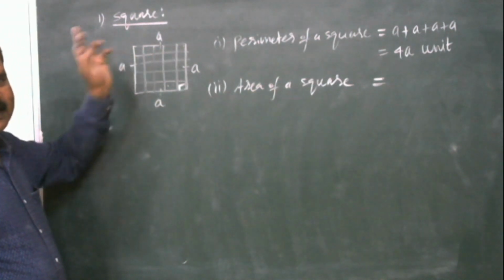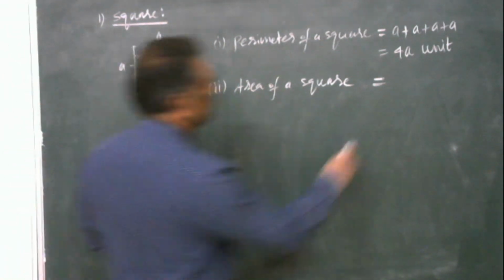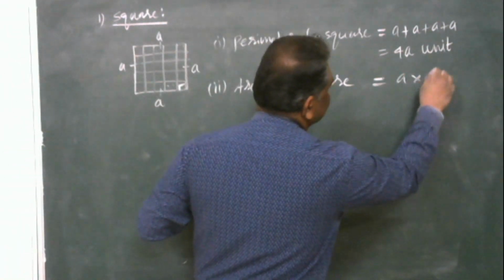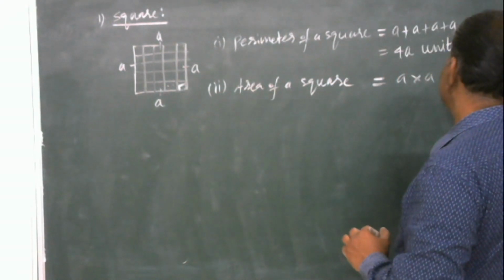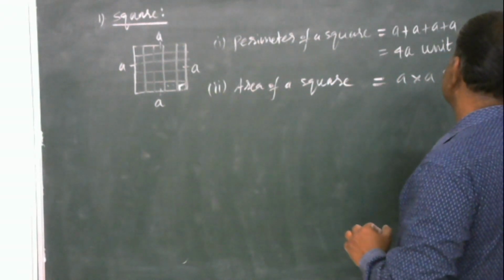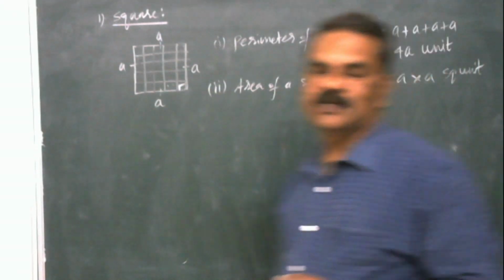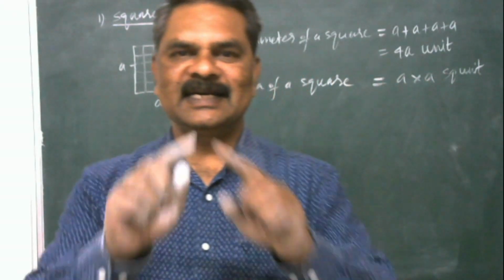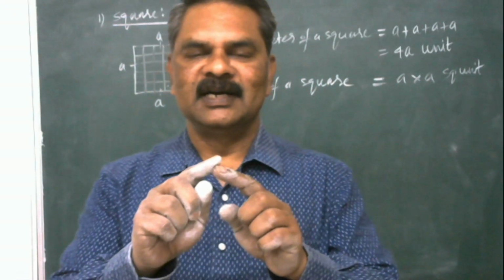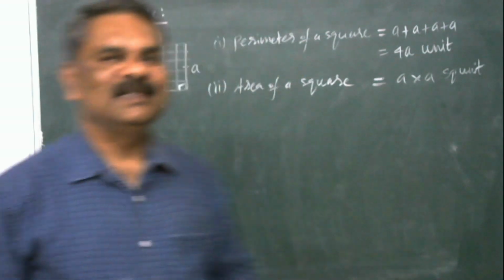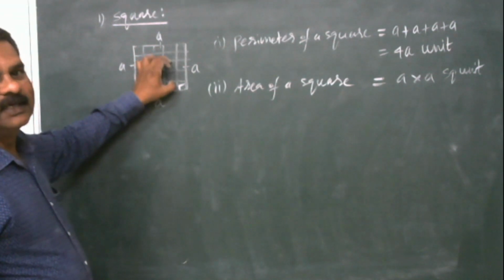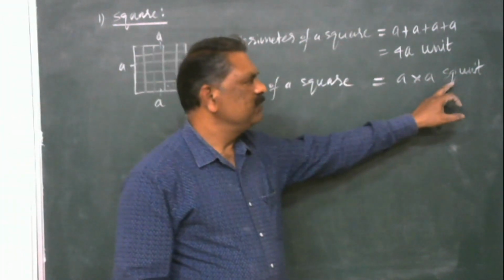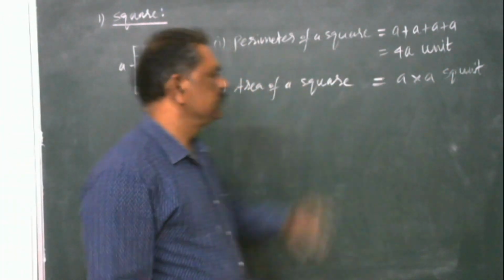So A into A squares, A into A square unit. We measure area in terms of square units: how many unit squares are there within this square.